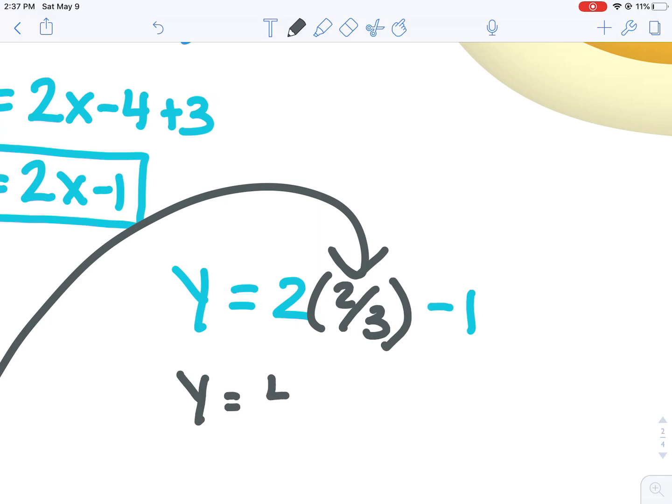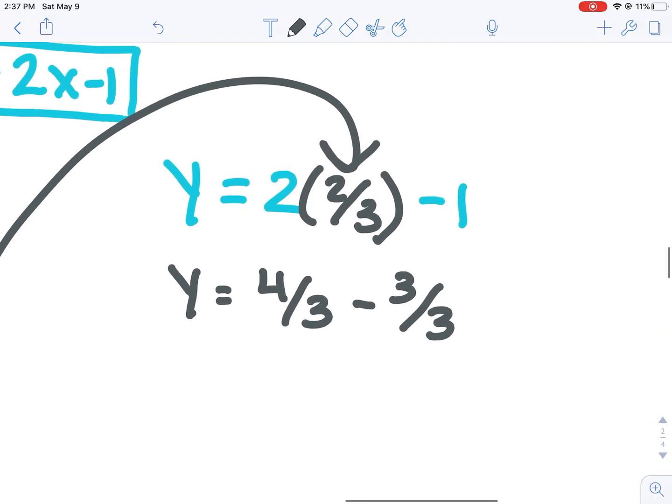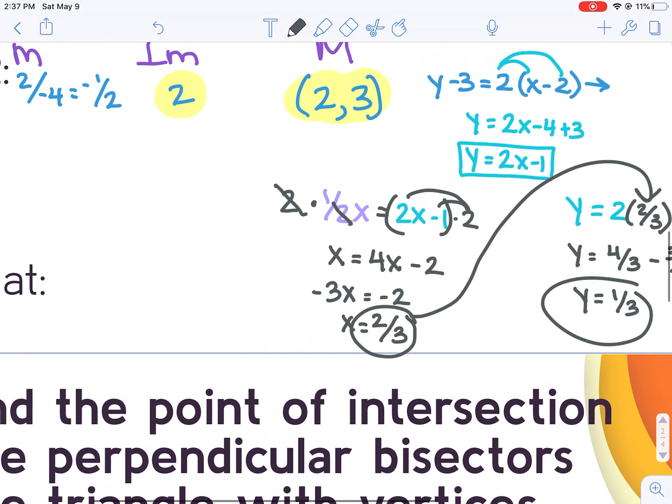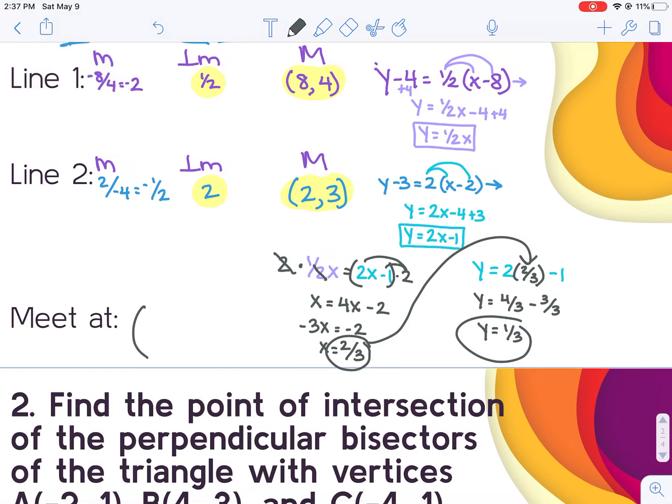So I get y equals 4/3 minus 1. 3/3 is the same as 1. So then y has to equal 1/3. I'm going to write my answer as an ordered pair. So my final answer is 2/3, 1/3.